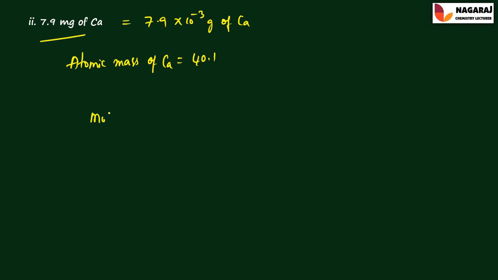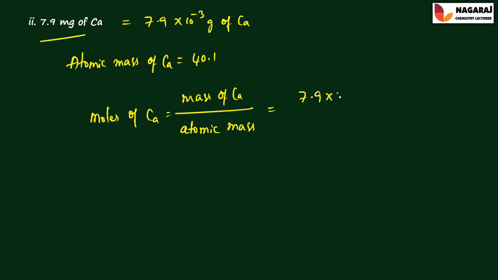So moles of calcium is equal to mass of calcium divided by atomic mass. So mass of calcium is 7.9 into 10 to the power minus 3 grams divided by atomic mass, which is 40.1 grams per mole.